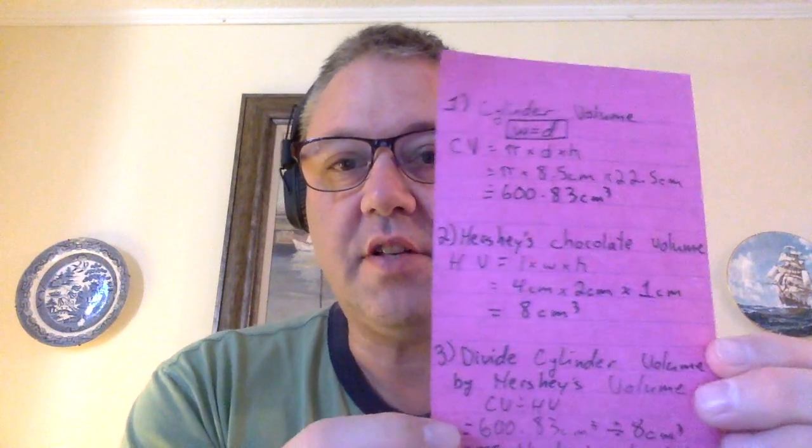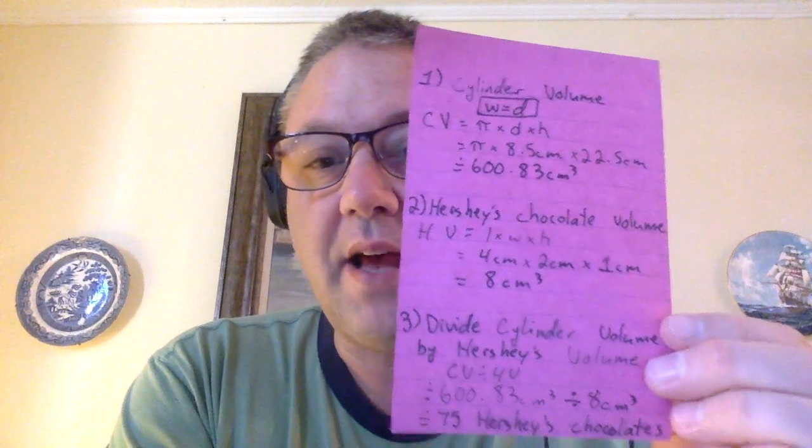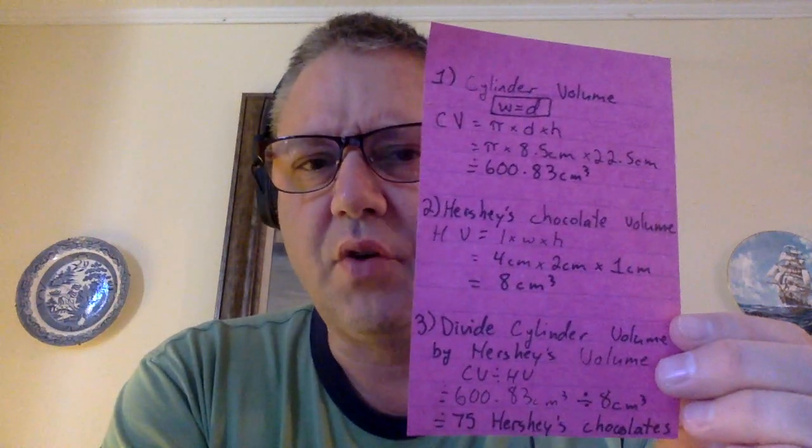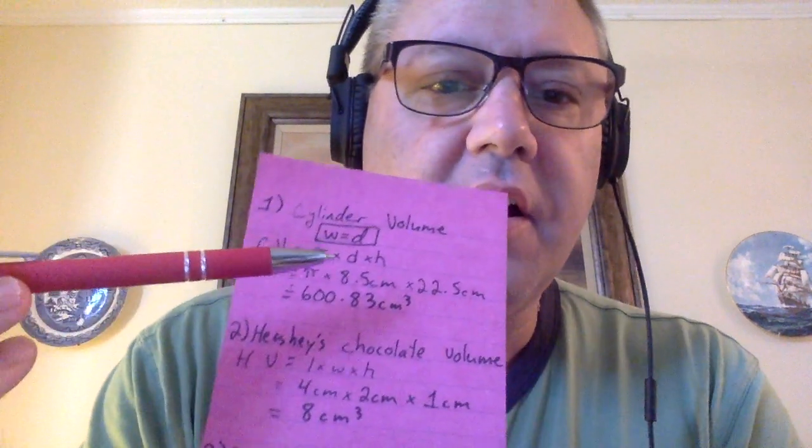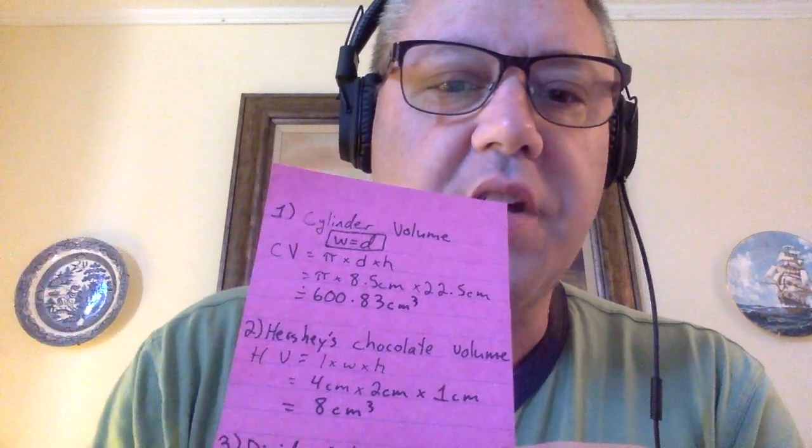In order to find out how many chocolates go in there mathematically, and I would say this is probably a grade 7 and 8 formula, first we need to find the cylinder volume, which is right here. That's pi times diameter times height.